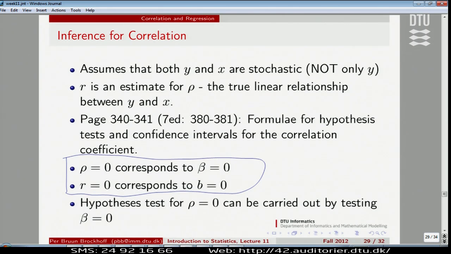Those two tests are the same. So we don't have to worry about a lot of new theory for the correlation because we can make this hypothesis test by the theory that I already gave you for testing the slope. It gives us the same result. So that's the good news. We don't have to spend a lot of energy, and that's why I cut it out a little bit. It could be done, but I'm not going to enforce it on you.